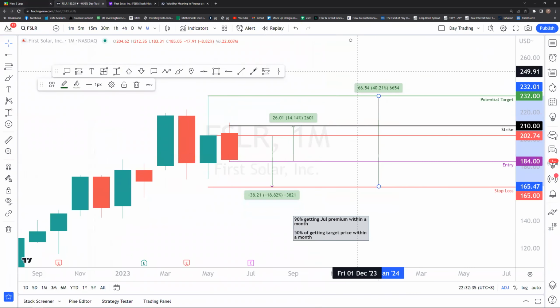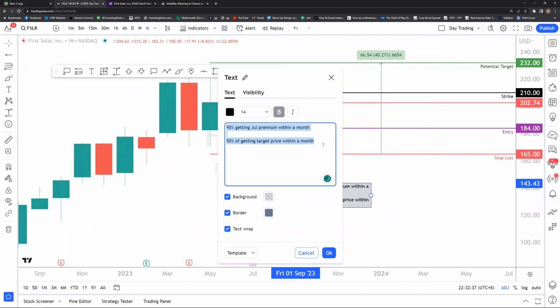So here, we set up our plan. If price hits like 168-ish, exit.